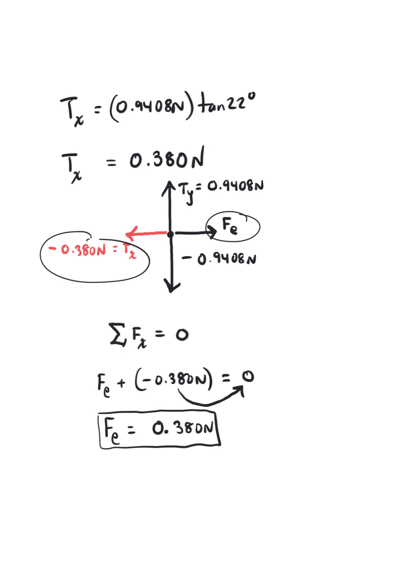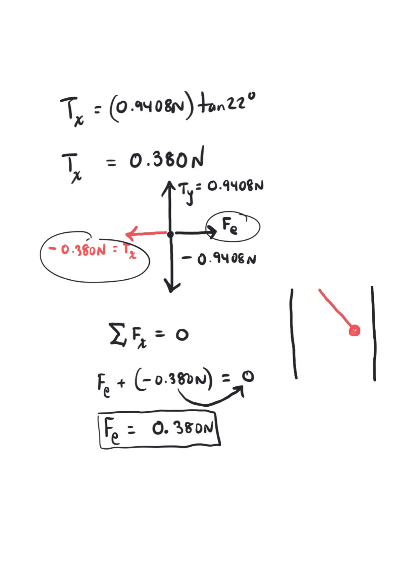Now we know that this electrical force is exerted on the sphere by the electric field created by the two plates. Since the sphere is positively charged, it will be simultaneously repelled by the positive plate and attracted to the negative plate. So we can then figure out which plate is positively charged and which plate is negatively charged.